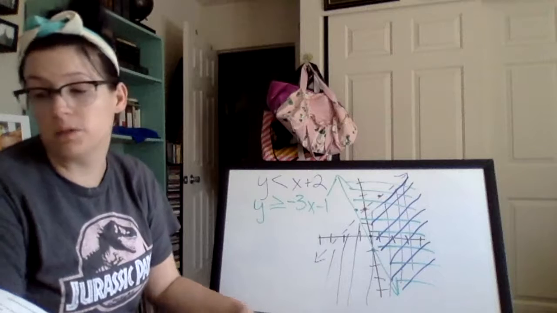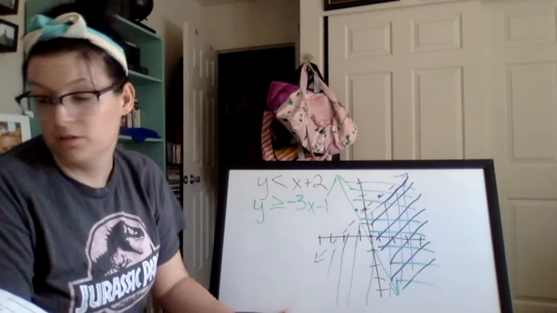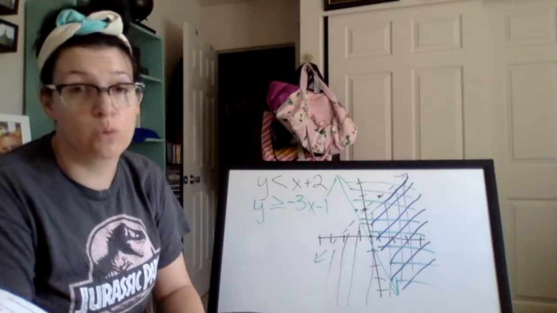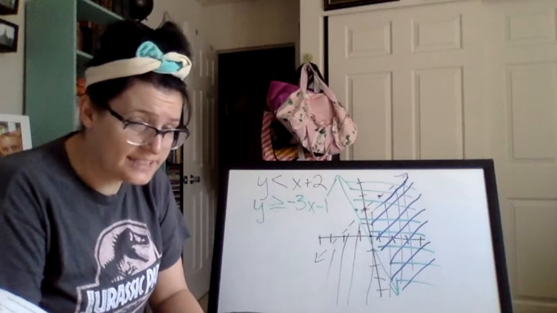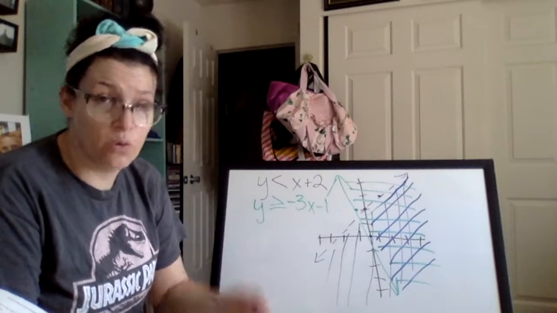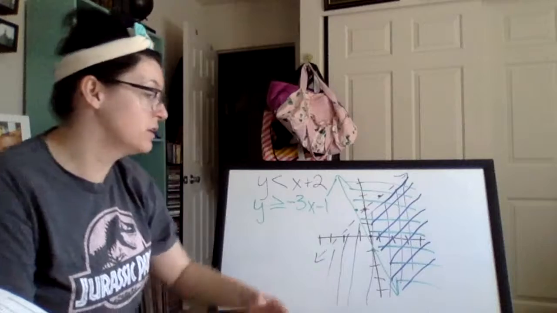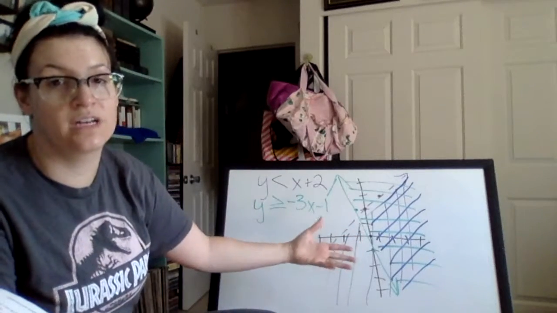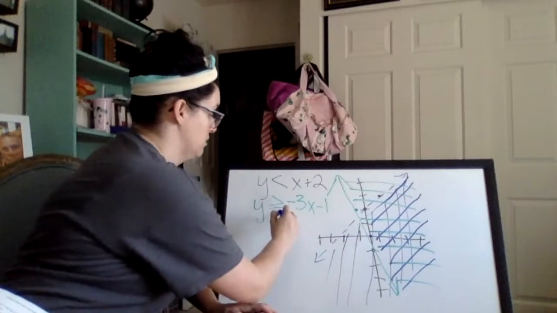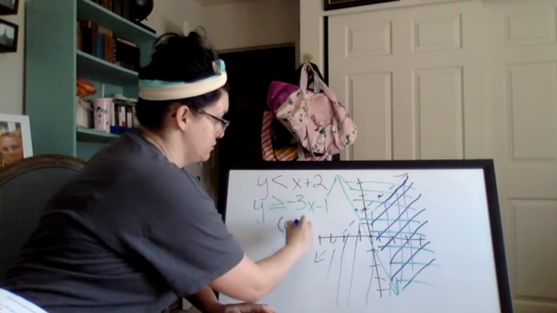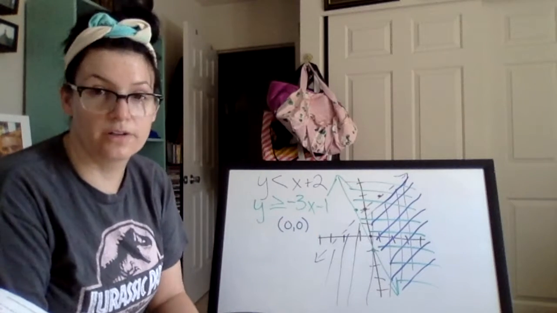So if the problem, like numbers 15 through 20, asks you to give an ordered pair that is a solution, you would just pick a coordinate that's in that shaded region. So the point 0, 0 works fine there.